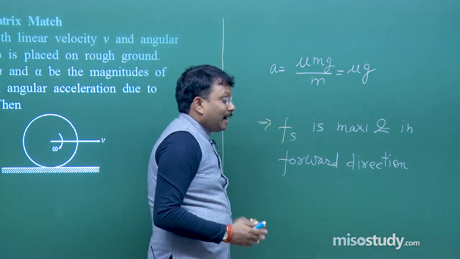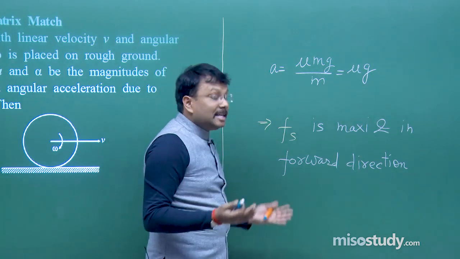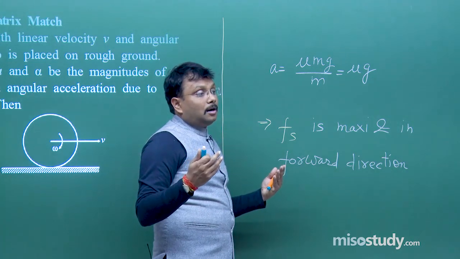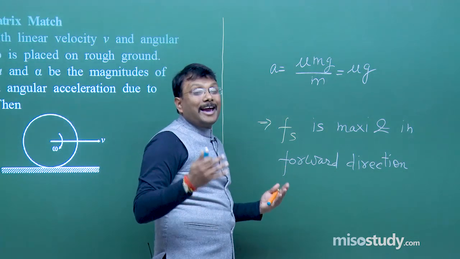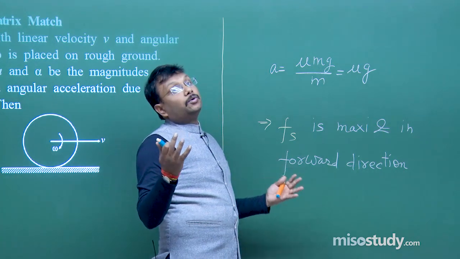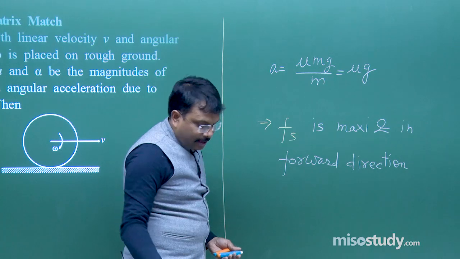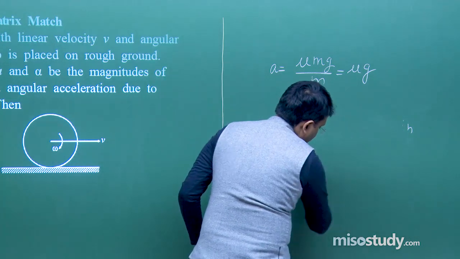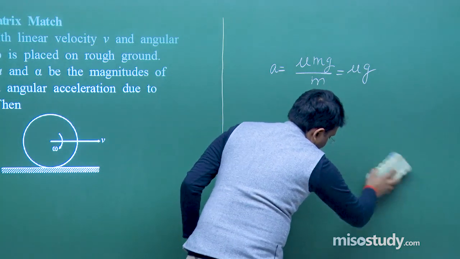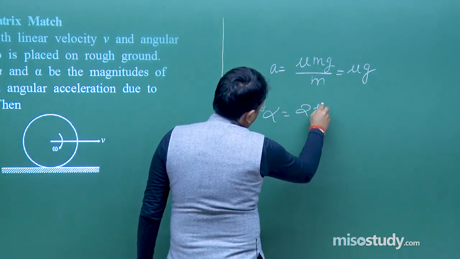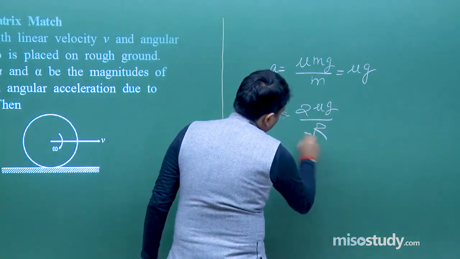See, matrix match, integer type, these questions need proper explanation, only then you can conclude the correct options. So, if this is the scenario, then I can say alpha is equal to twice mu g by r, fine.